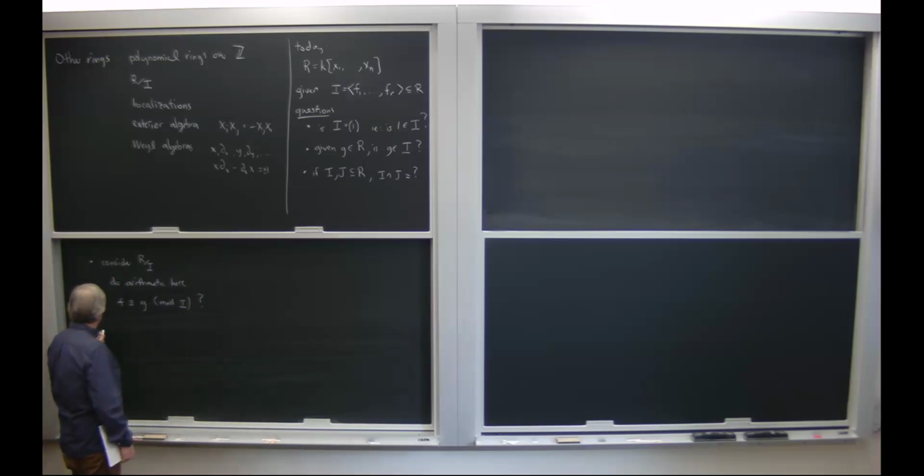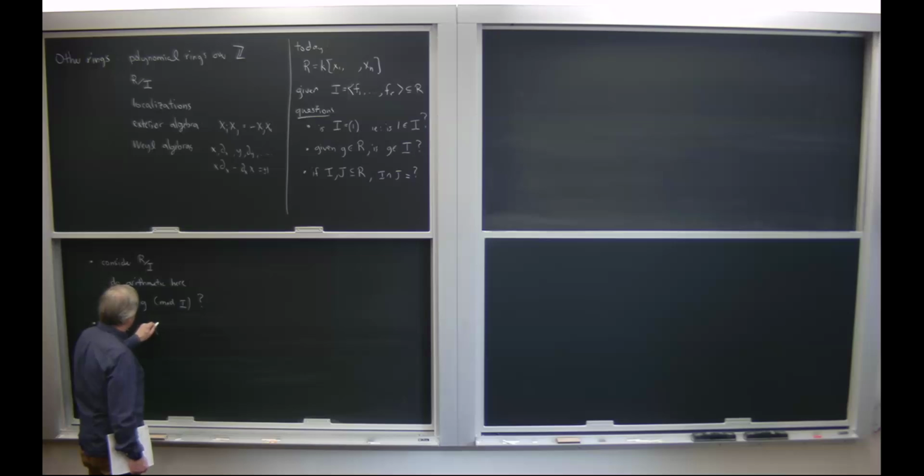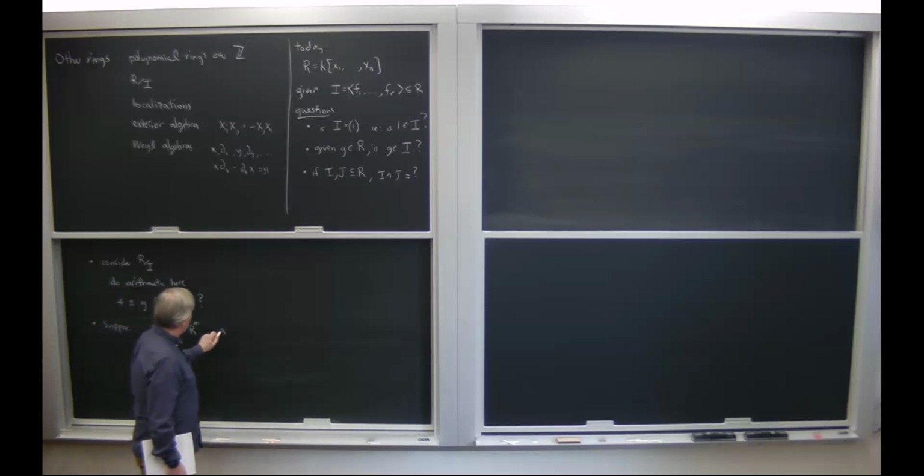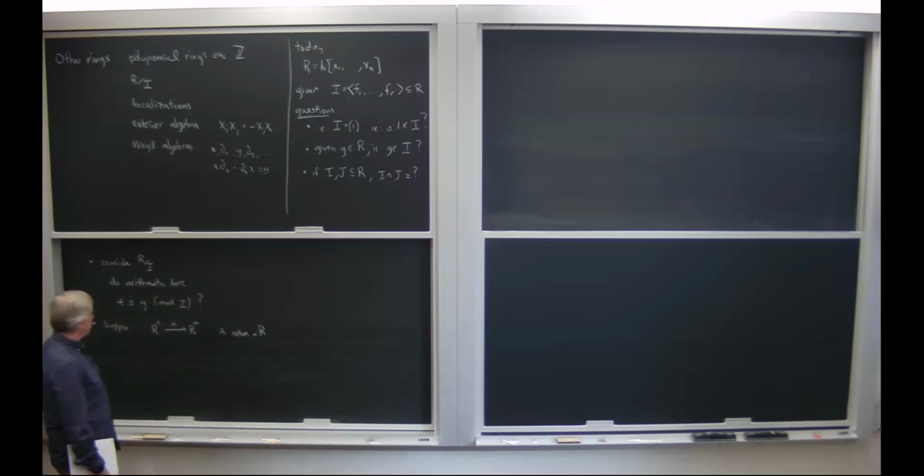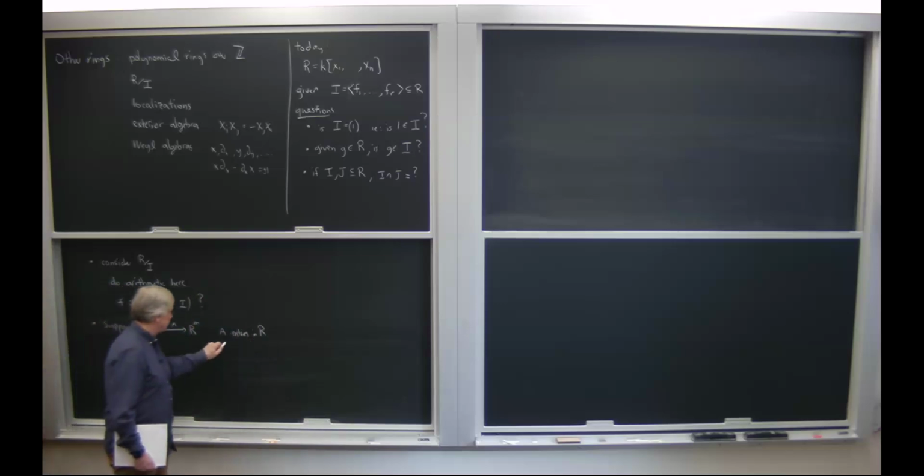There are other things though. You might have the following situation. Suppose we have a matrix A from R^N to R^M, where A has entries in R. So it's an M by N matrix.